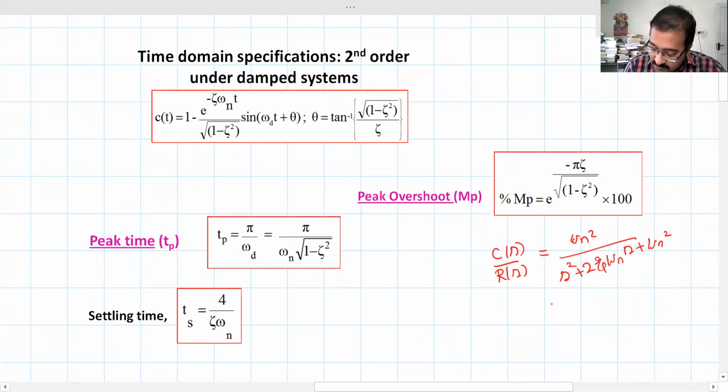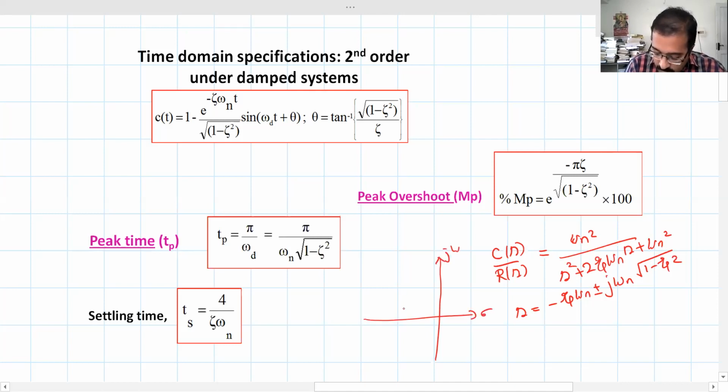The pole locations were at minus zeta omega n plus or minus j omega n into root of 1 minus zeta square. So in the S plane, we have represented that like this: this is minus zeta omega n, and this is j omega n into root of 1 minus zeta square.